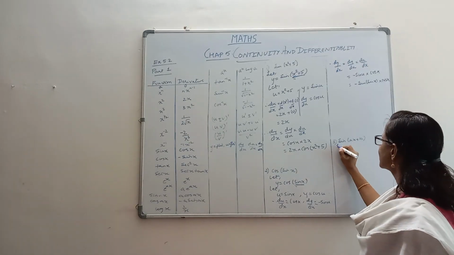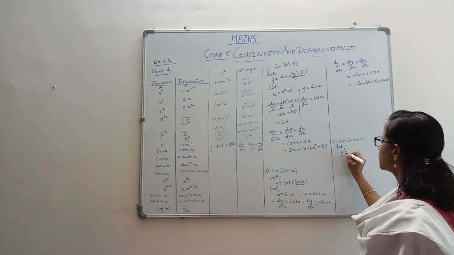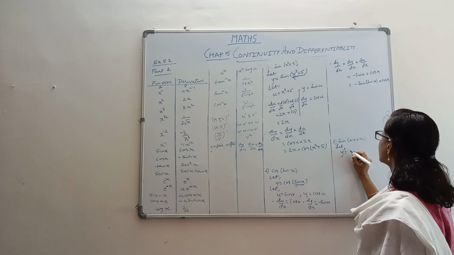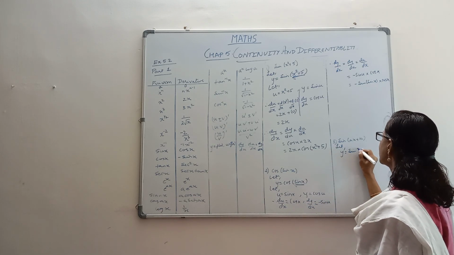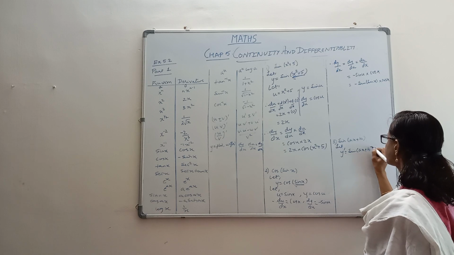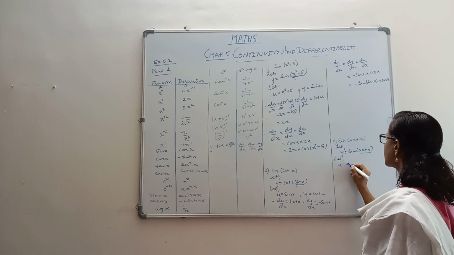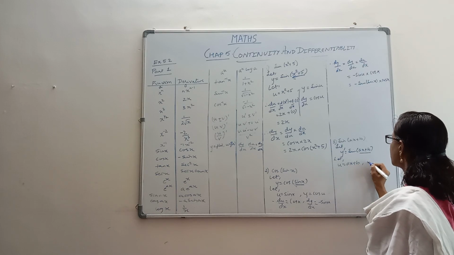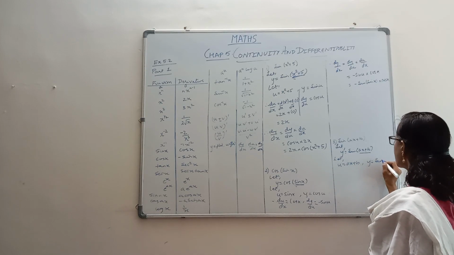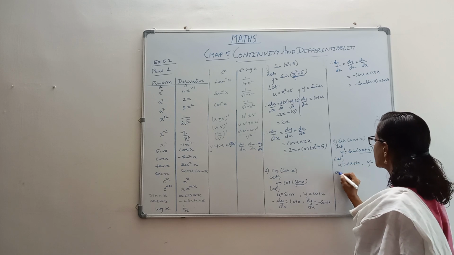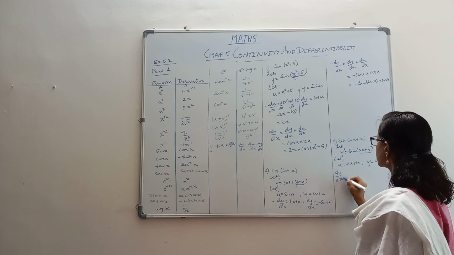Let's take this next question. That's very direct, because we have already written there y equal to sine of ax plus b. As I said, if it was something linear, it would have been easy for you. So let's call that u, as ax plus b. So what has y become now? y has become sine u. u is in terms of x. So let's take the derivative of u with respect to x.